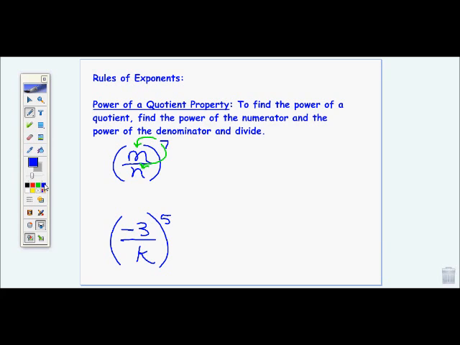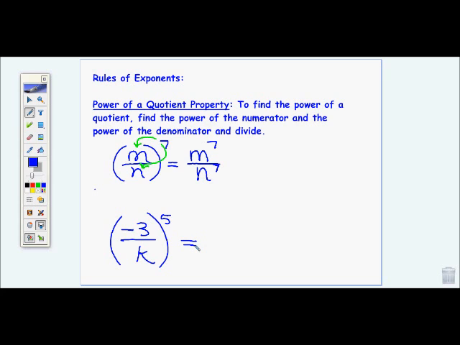So I could write it as m to the seventh divided by n to the seventh. Now I don't have any numerical terms there and I don't have any like terms, so that would actually be my final answer: m to the seventh over n to the seventh.